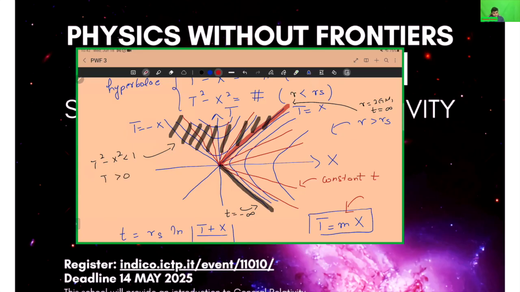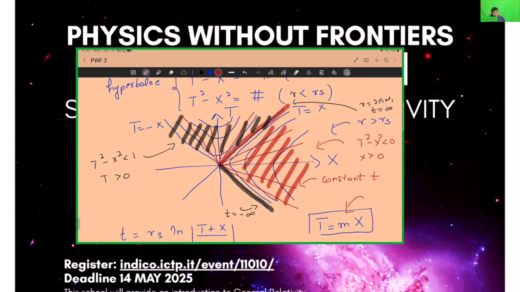And this red region corresponds to, well, let me use another color, t square minus x square less than 0, and x greater than 0. Okay. But you can see that in all of the patches that I have showed you, t square minus x square is less than 1 as it should be.